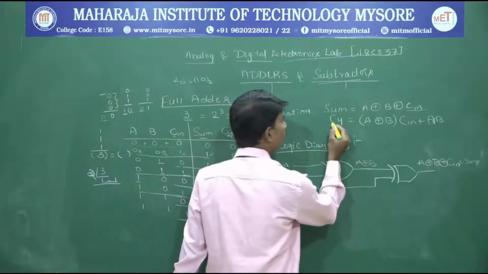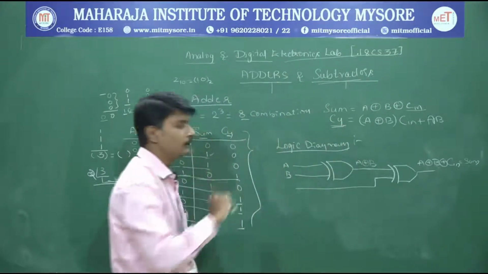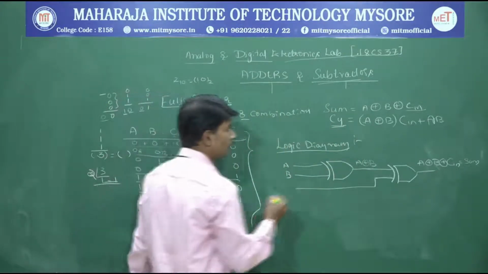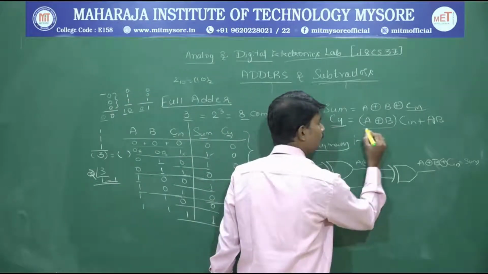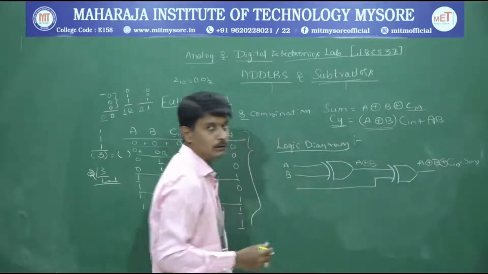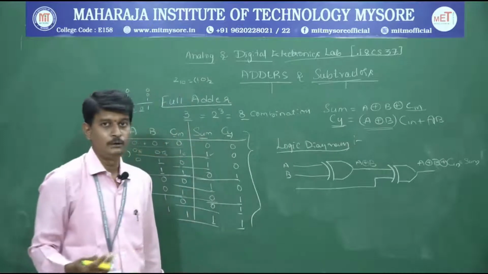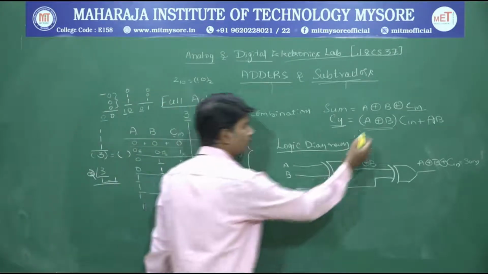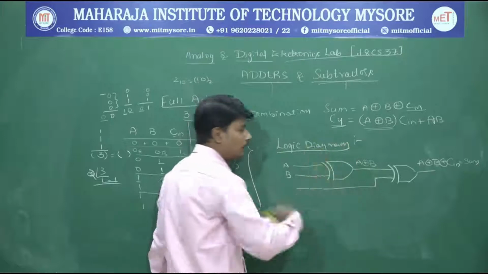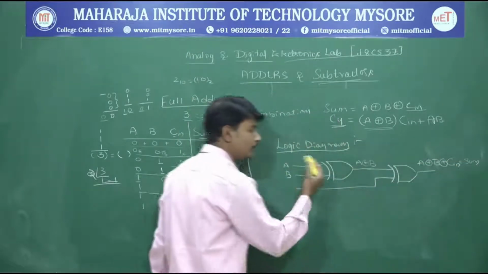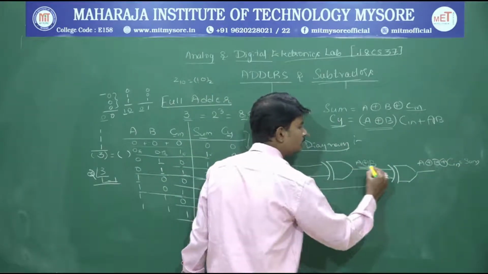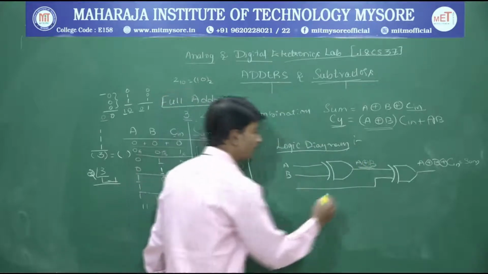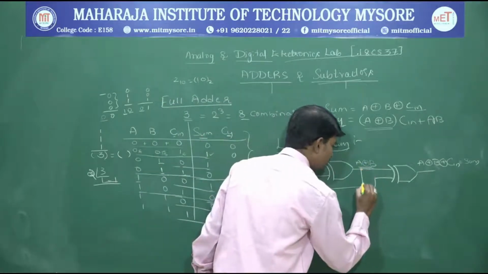Now if I want to get a carry output, what I have to do? Simply I have to take A XOR B. Since it is not necessary to use one more XOR gate over here, because in the sum part I have already written here, I have already got the expression A XOR B. So I am just going to draw a line from there.